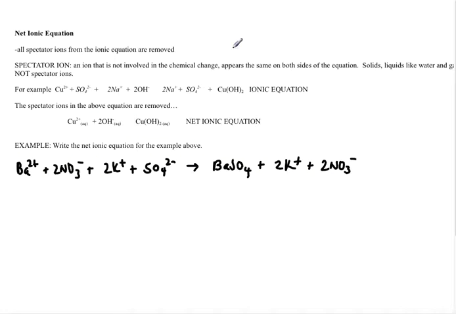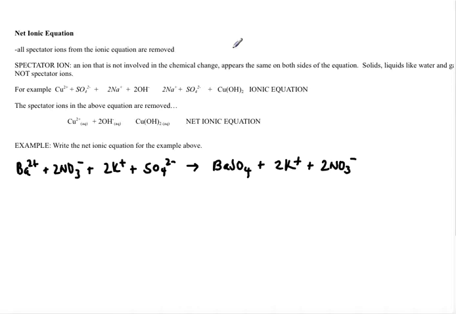And what a net ionic equation does is it allows us to focus on exactly what is happening in the reaction. We can see specifically what chemical change has occurred when this reaction happened. And how we do this is by focusing on what has changed and removing anything that has not.